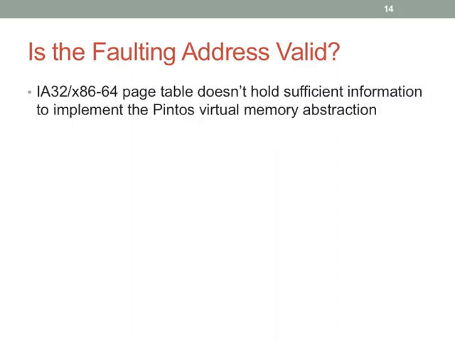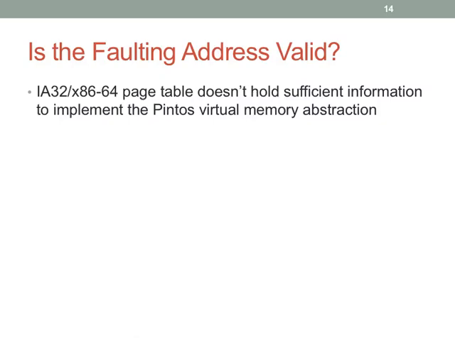So question, is the faulting address valid? And so this is one of the things we already talked about in the discussion of virtual memory leading up to this project, but there just is not sufficient information in the page table structure used by the MMU for implementing the abstraction that we want. And this is what most OSs run into.